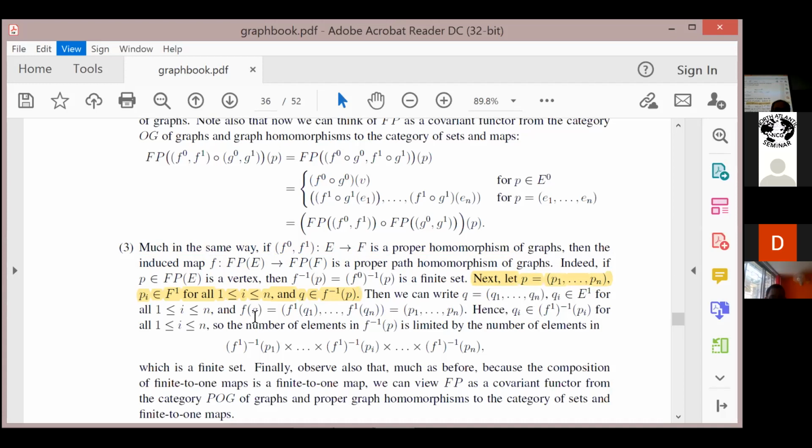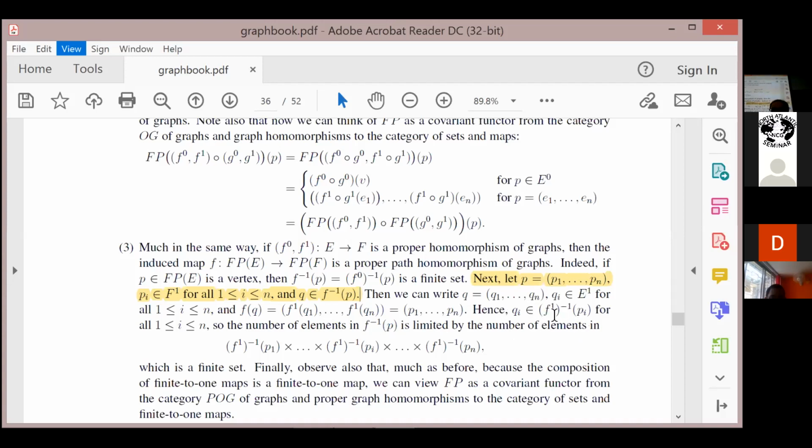Now when we compute F of Q, by definition, this is F1 of Q1, up to F1 of Qn, and we know that this is equal to the path P1 to Pn. So we can conclude that for every i, F1 of Qi is equal to Pi. In other words, Qi must be in the preimage under F1 of Pi.